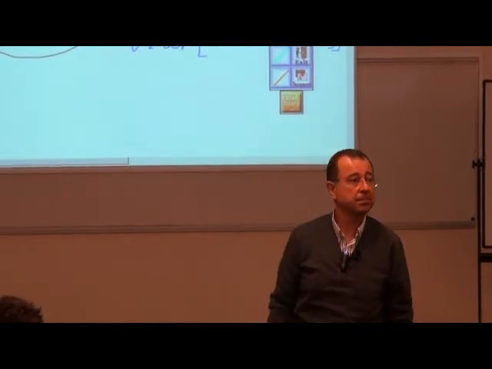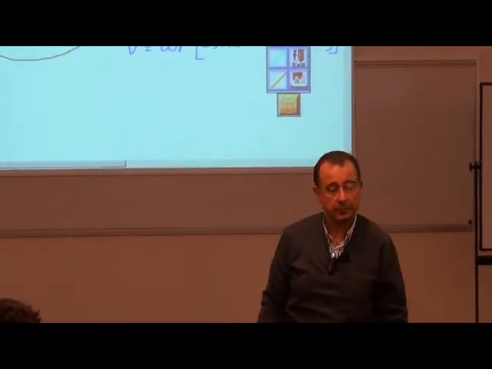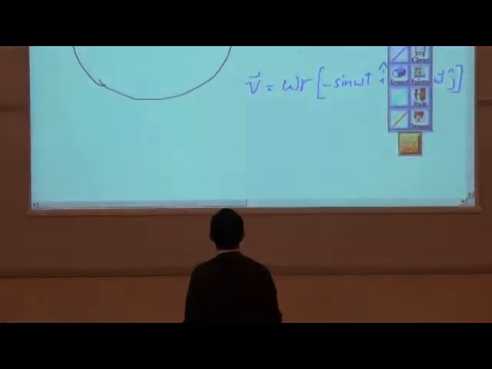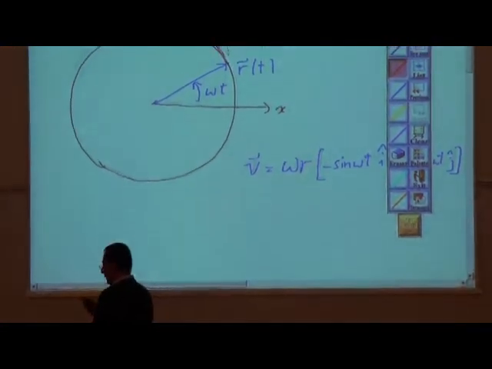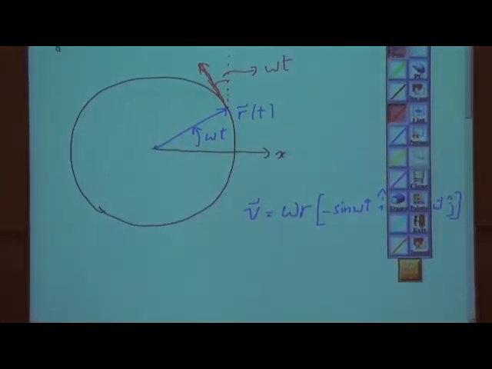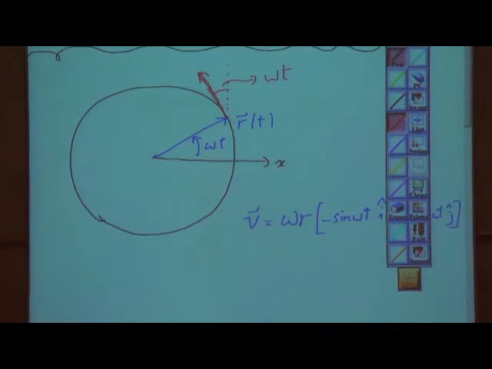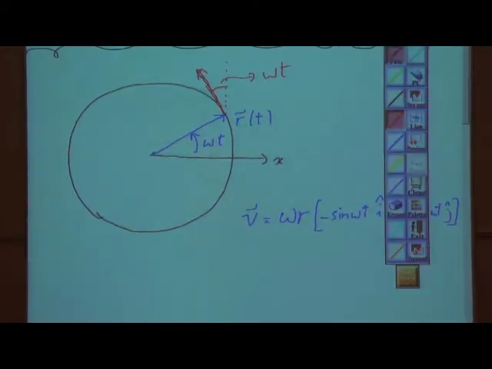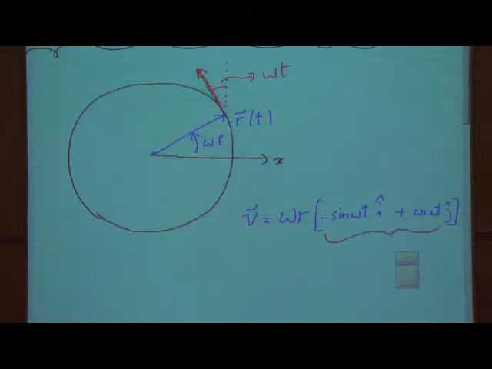Is this clear? So this angle is omega t, and the velocity vector is here, and this is v hat, its direction.